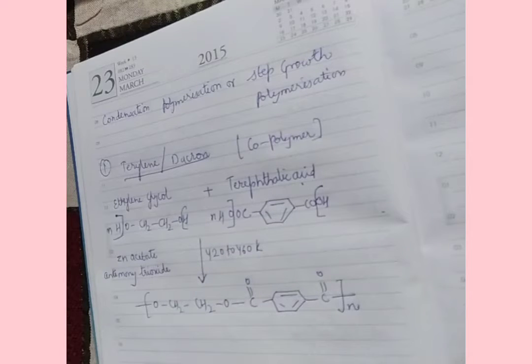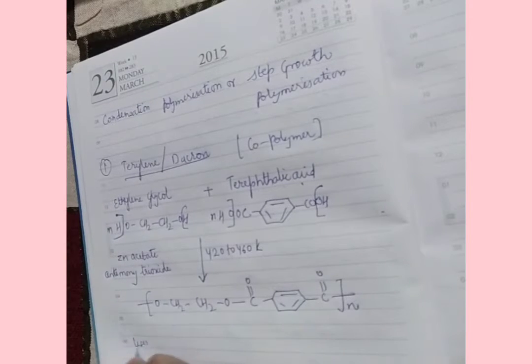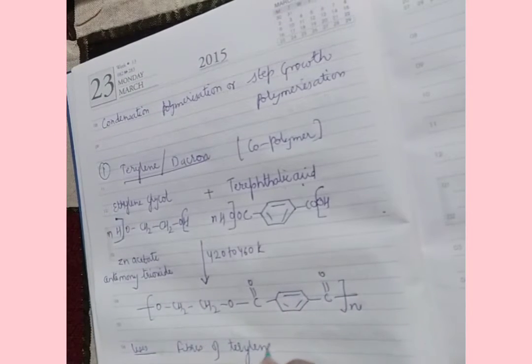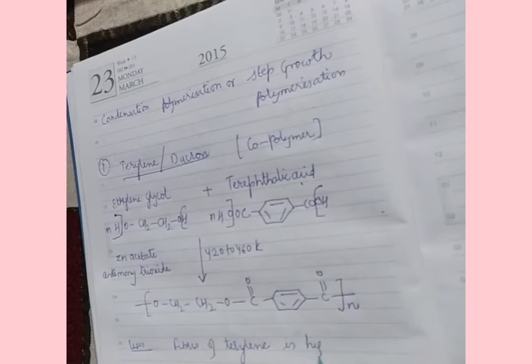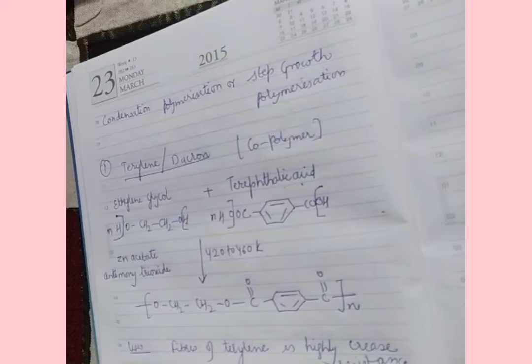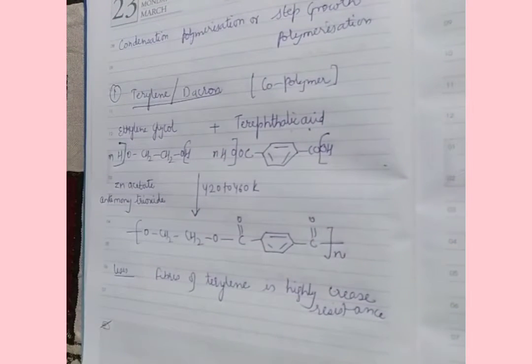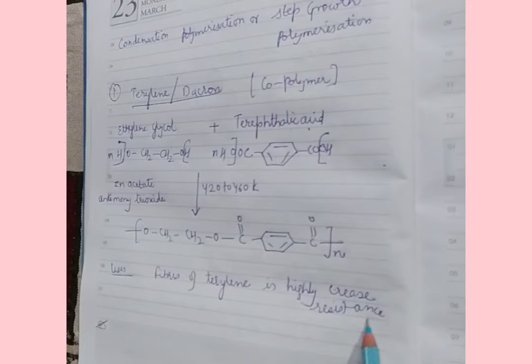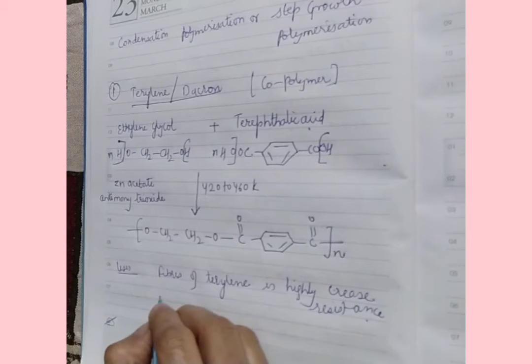Now it is basically used for making wool, cotton mixtures. It has a crease resistance property. So the uses are: the fibers of terylene are highly crease resistant, and it has low moisture content.